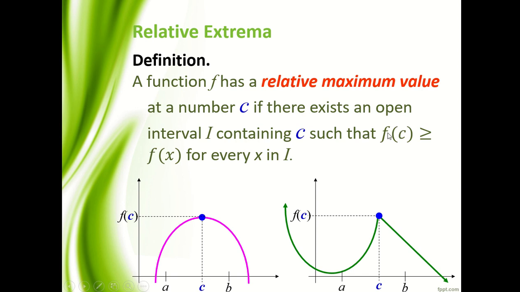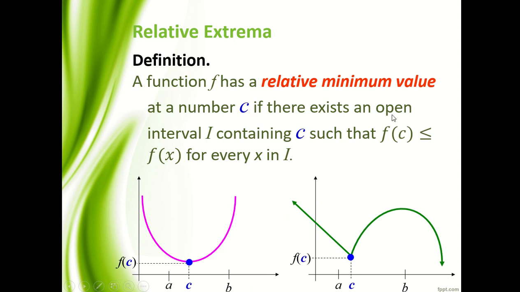So when you substitute this value in the function, f of c is greater than or equal to f of x for every x in the interval I, and so it is in this graph. And if you look at the other definition, it's the opposite: f of c is less than or equal to f of x for every value of x in I.